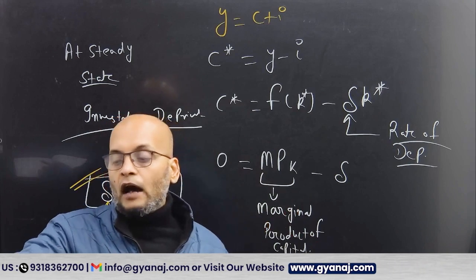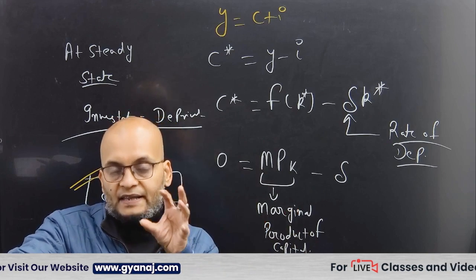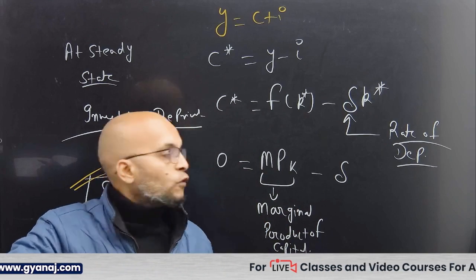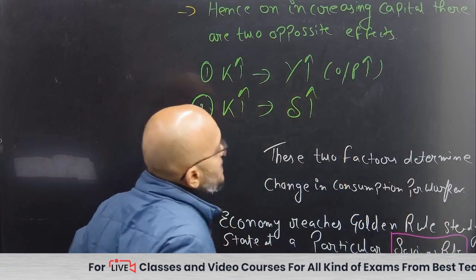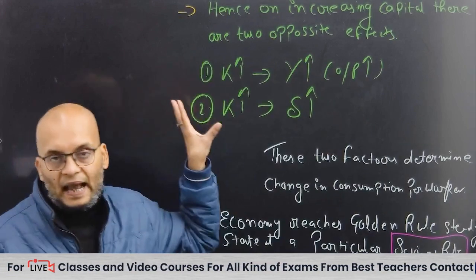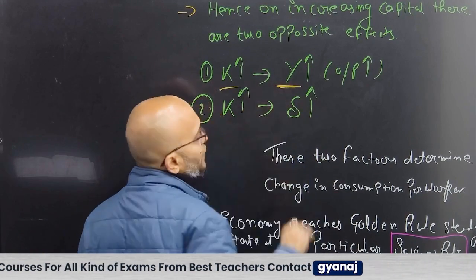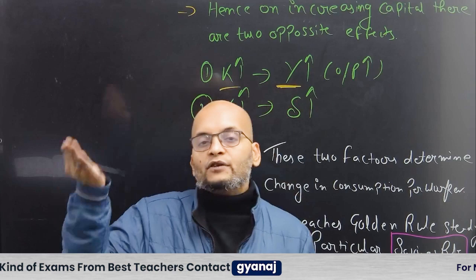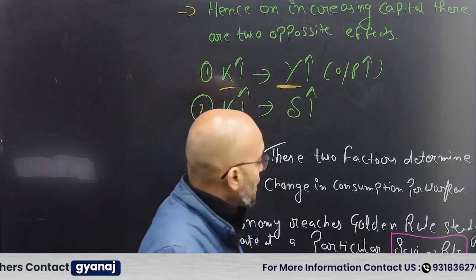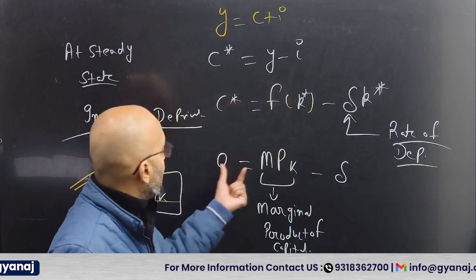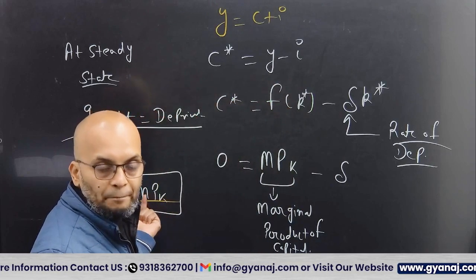Okay, now from this there are two important things that we can understand. And what are those two important things? Pay attention. This means that on increasing capital, obviously the output is going to increase. Fine. But what we just now saw, we saw that marginal product of capital is equal to depreciation.